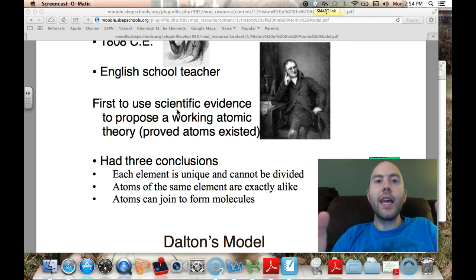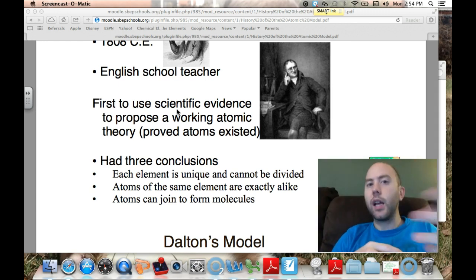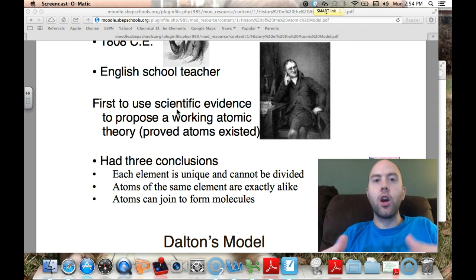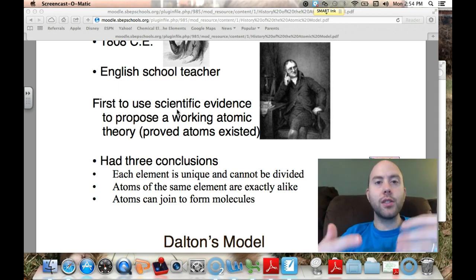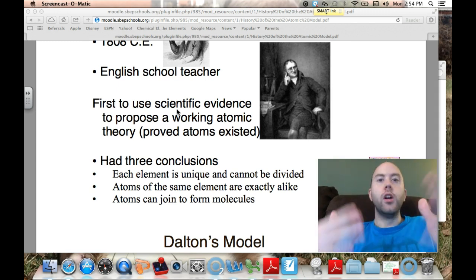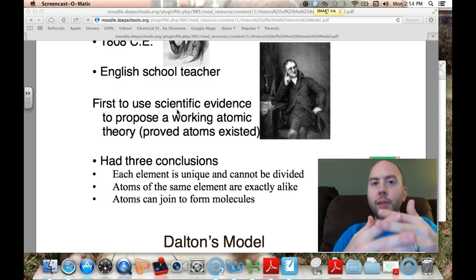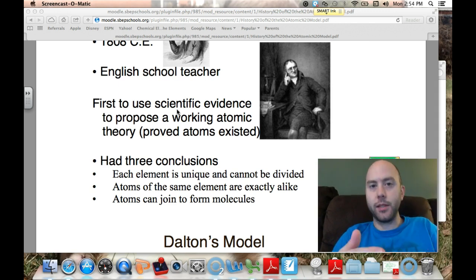But elements can join together to make new compounds, like 2 hydrogens and an oxygen makes water. A carbon and 2 oxygens can make carbon dioxide. A bunch of carbons, hydrogens, and oxygens can make sugar. So elements can join together to make compounds, but you cannot destroy or create elements.